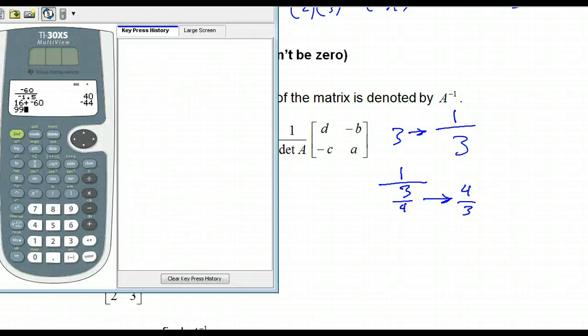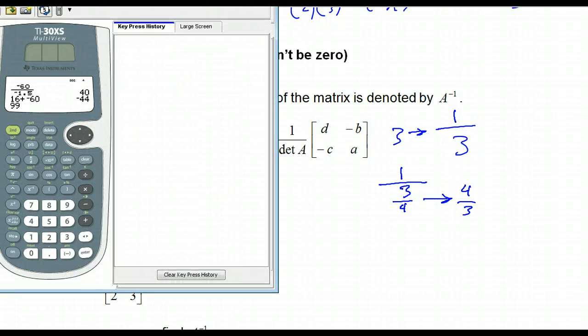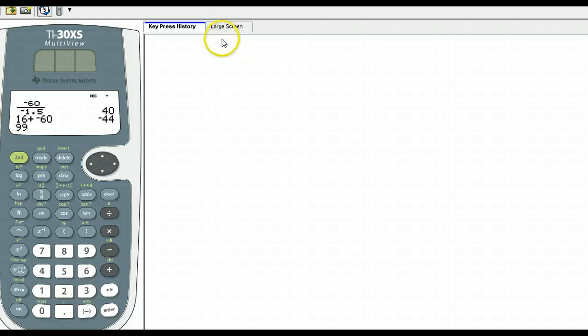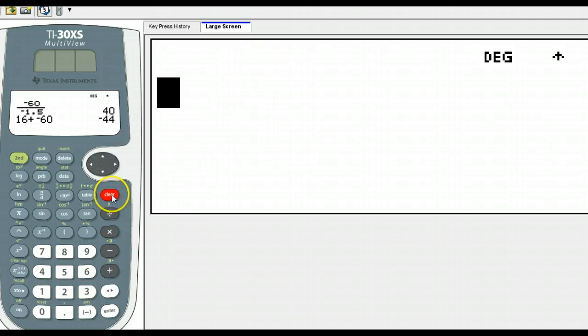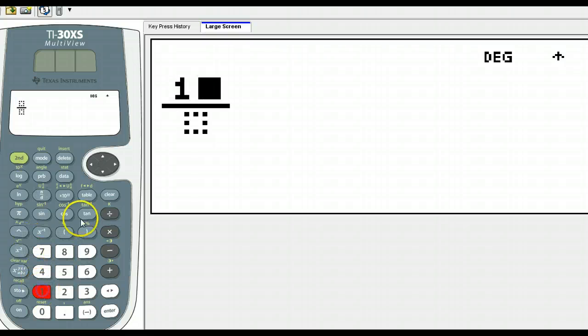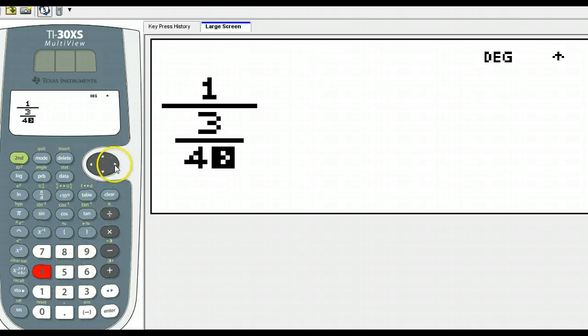Here, look at the calculator. I thought I told you to clear. If I do 1 over, now down here I'm going to do 3/4.